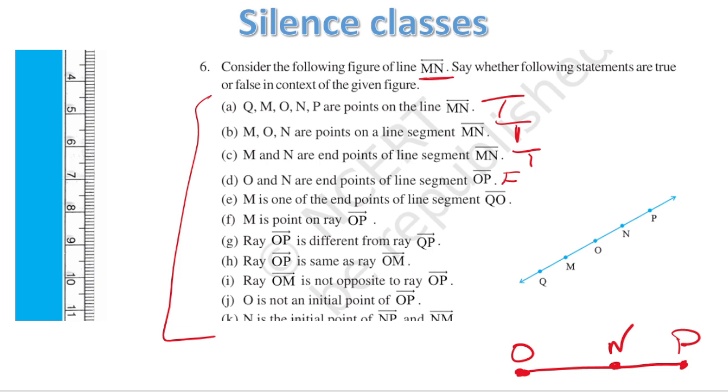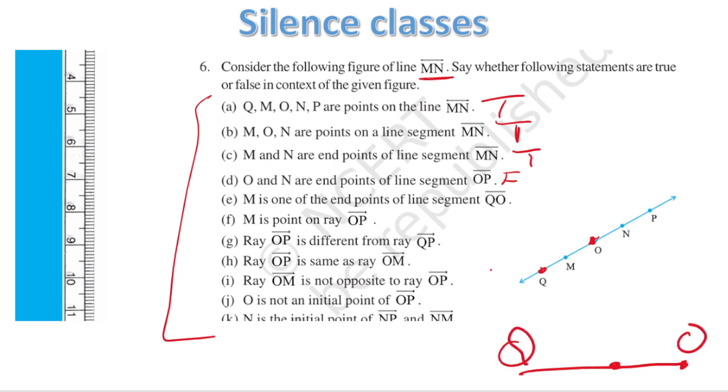Okay, so this is false. Now statement number E: M is one of the end points of line segment QO, means we are talking about Q and O. Again same thing, it is saying M is one of the end points of the line segment QO.